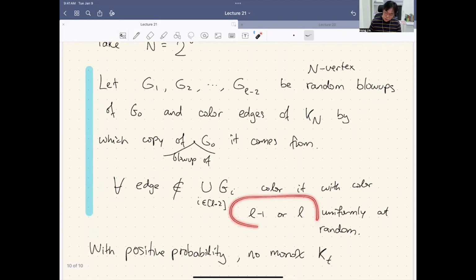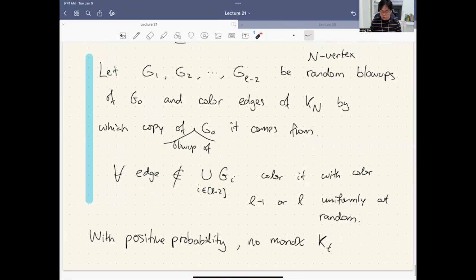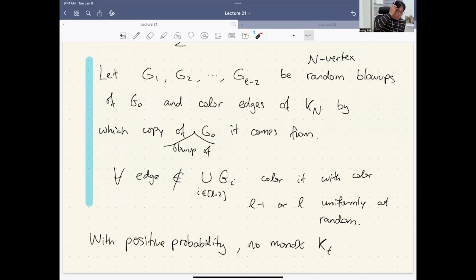Then you have to multiply by 2 to the minus T choose 2, the probability that all these T choose 2 pairs of vertices in these T independent sets get color L minus 1 or L. A simple calculation, I will not do this calculation. Any question about the construction?